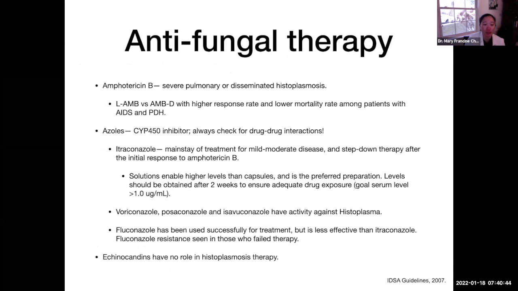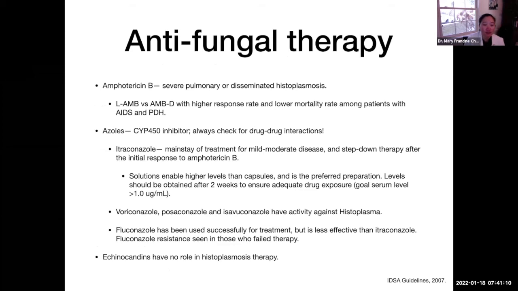So before we go through the tables from the guidelines in regards to antifungal therapy, I just wanted to show that we don't really have a lot of options for antifungal therapy. Really, it's either your amphotericin B or your azoles, because echinocandins have no role in histoplasmosis therapy.